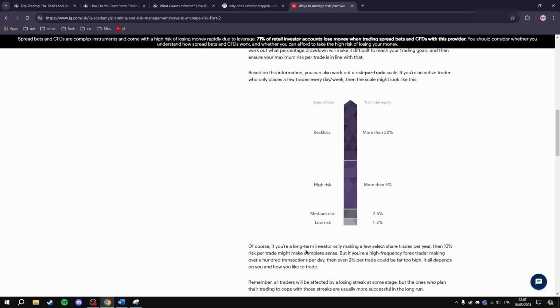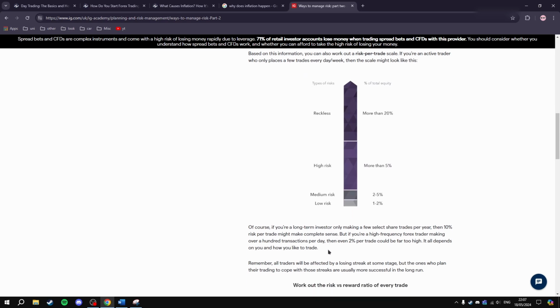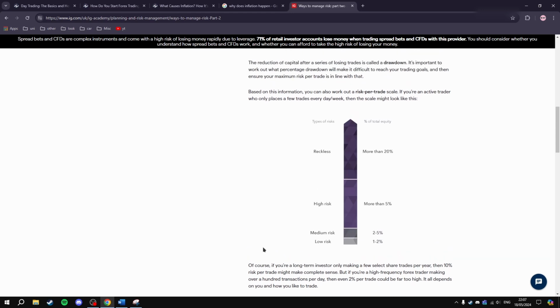Of course, if you're a long-term investor only making a few select trades per year, then 10% risk per trade might make complete sense. But if you're a high frequency forex trader making over 100 transactions per day, then even 2% per trade could be far too high. It all depends on you and how you like to trade.